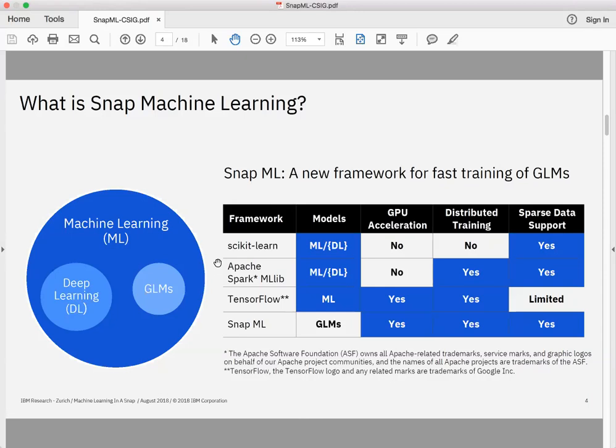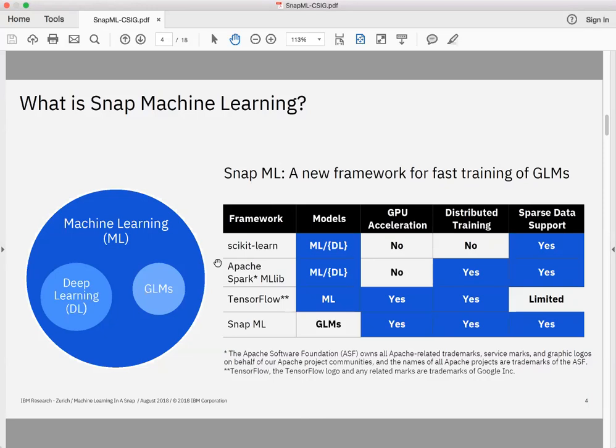We also consider the machine learning framework from the Apache Spark project, that's MLlib. Again, this has a similar set of algorithms and functionality to scikit-learn, but again, it doesn't have GPU acceleration. On the other hand, it does natively support distributed training because it's built on top of Apache Spark, which is a distributed data processing platform. And it does have decent sparse data support.